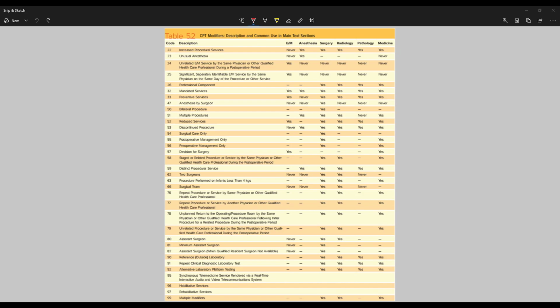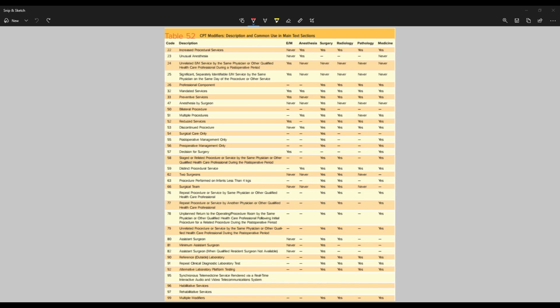It's not all that uncommon to see a category 3 code become a category 1 code in a later iteration of the CPT. And speaking of that, we often see regular updates. I believe they try to update the CPT yearly. Now, for the purpose of this course, we're really only caring about category 1 codes right now.